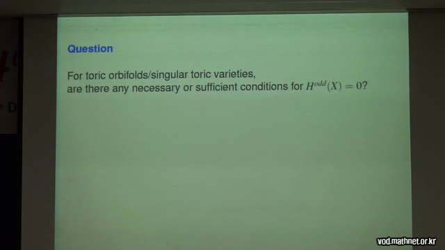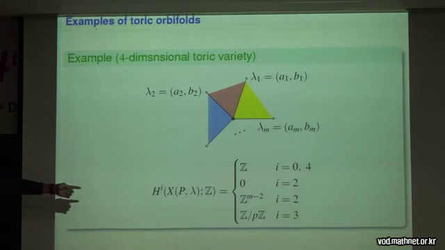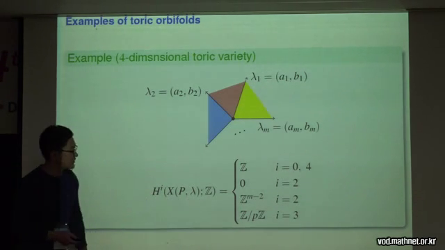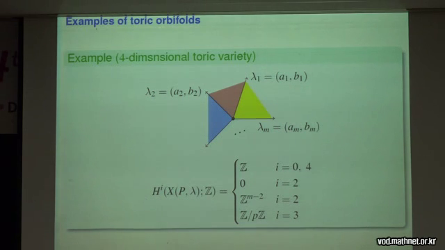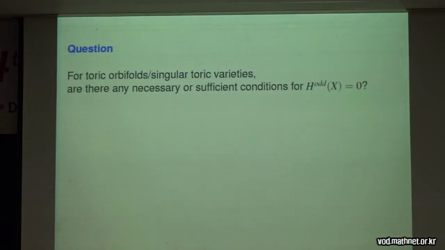For example, weighted projective spaces have vanishing odd degree cohomology and the same cohomology groups as usual projective space, but the ring structure is totally different. And also there is this very simple example which does not vanish in odd degree cohomology.